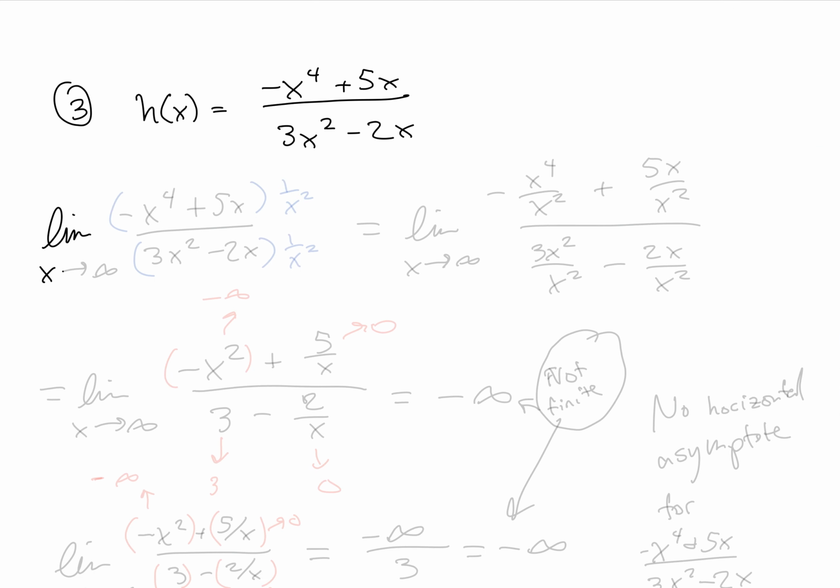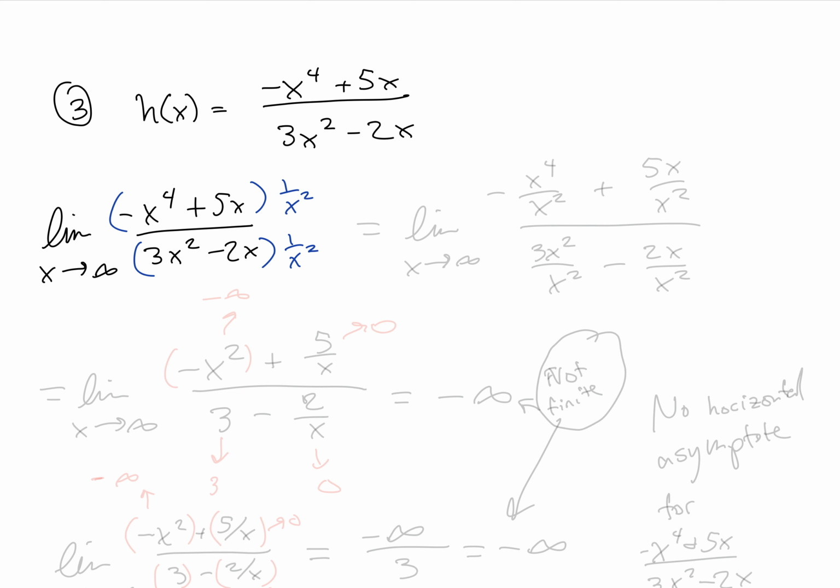Limit as x goes towards infinity of negative x to the 4th plus 5x divided by 3x squared minus 2x. We're dividing the numerator and the denominator by the highest power in the denominator.